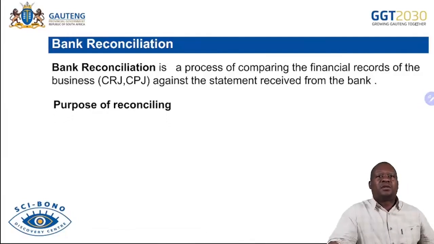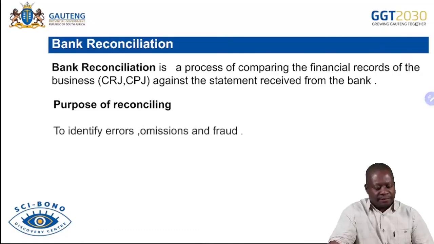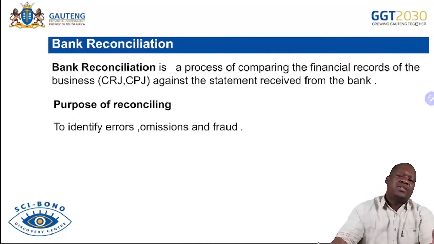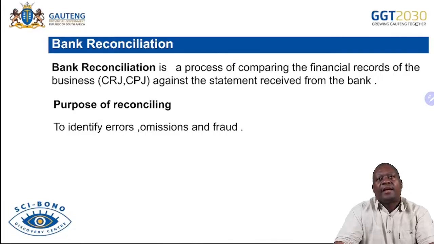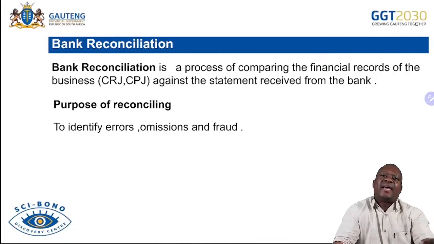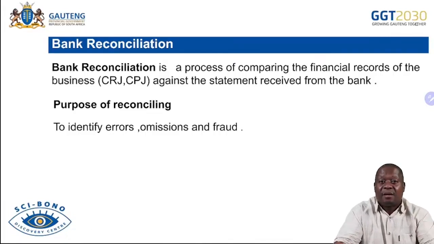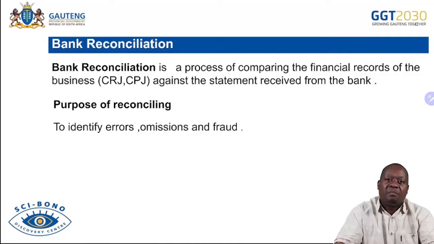What is the purpose of reconciling? Now, reconciliation identifies where there are errors. It identifies where there are omissions. Remember, an error is a mistake, but an omission is when information has not been recorded. And remember, we can omit some information unaware.